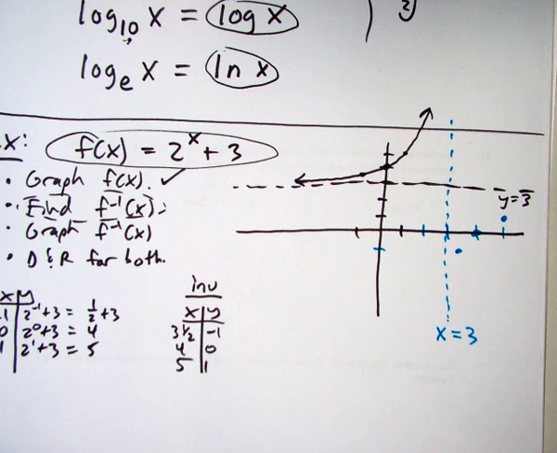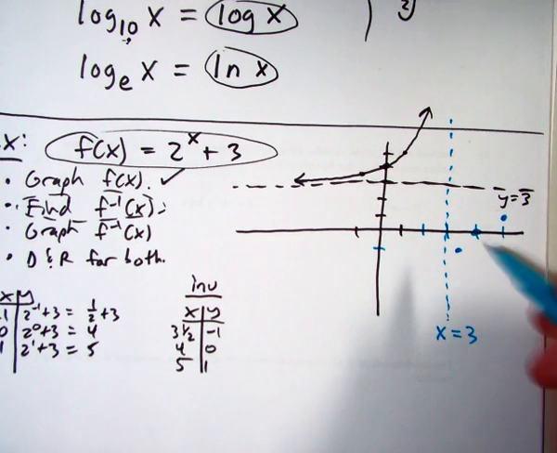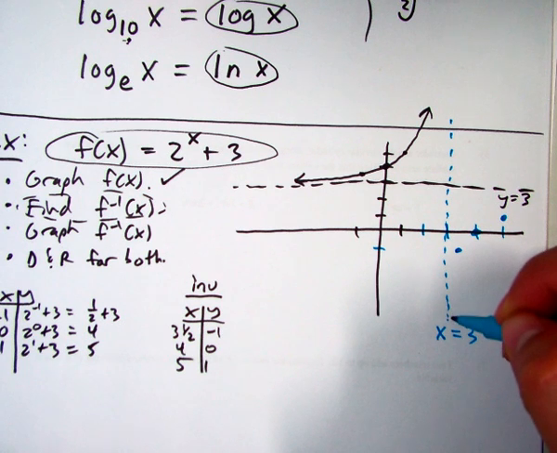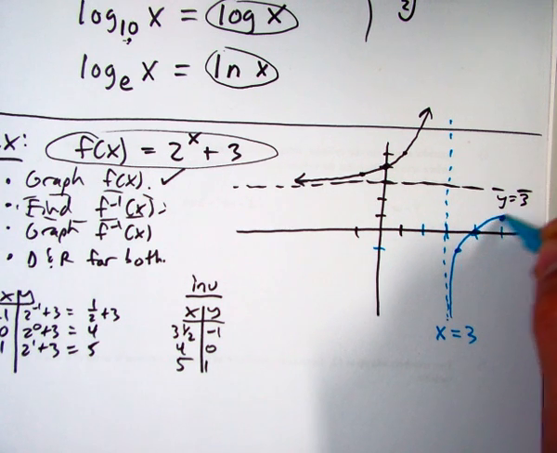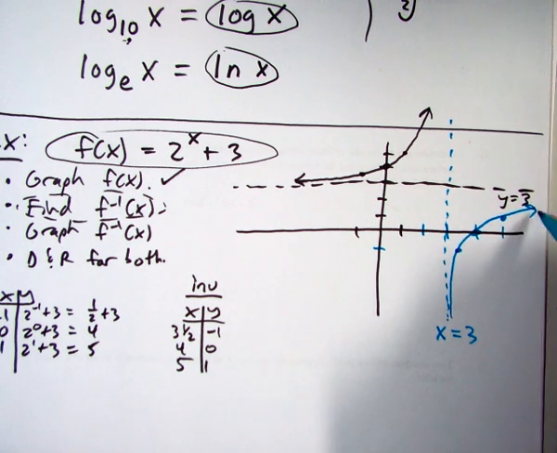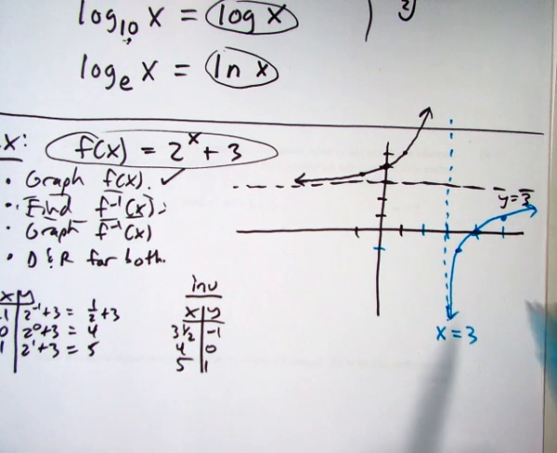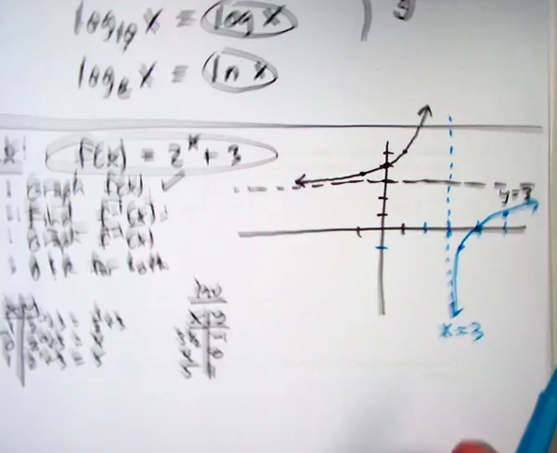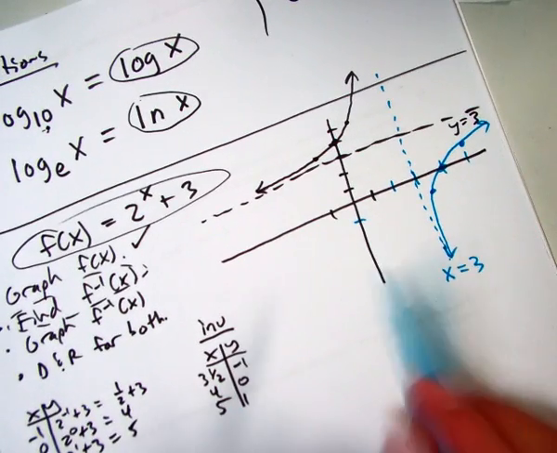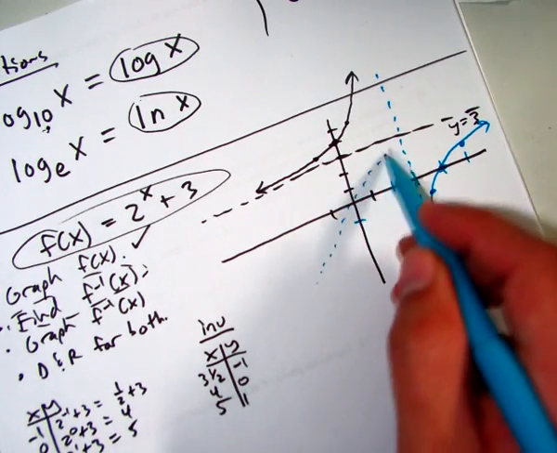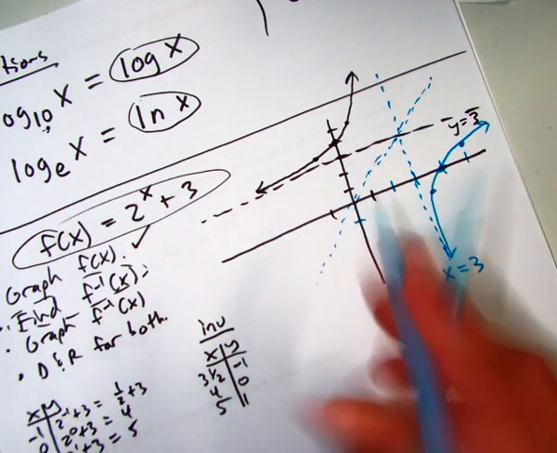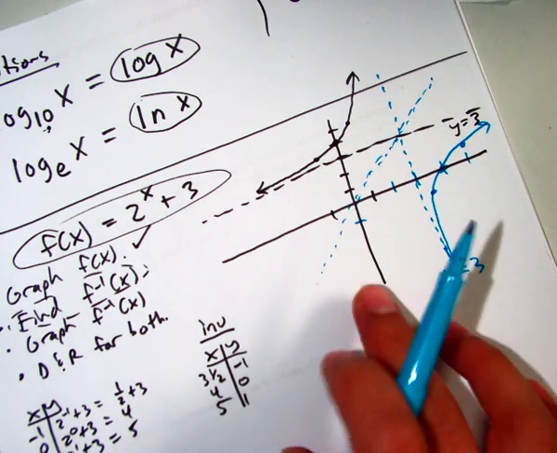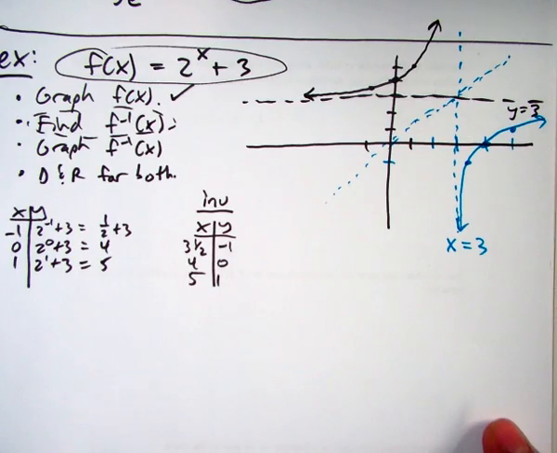So then what happens is you get something that looks kind of like that, where it does increase just slower. And there's the graph of the inverse. And if you remember your inverse rules, if you draw the line y equals x, these should be mirror images of each other. So that's one way to know that you've done things correctly. All right, so there's the inverse graph.